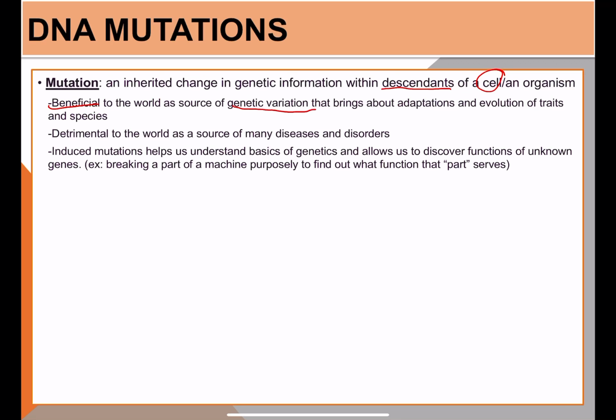And of course, even though mutations are something we must rely on for variation, they are also very much detrimental, as we know, to cells and organisms as a source of many diseases and disorders. We have already mentioned many of those in the first half of the semester of genetics.